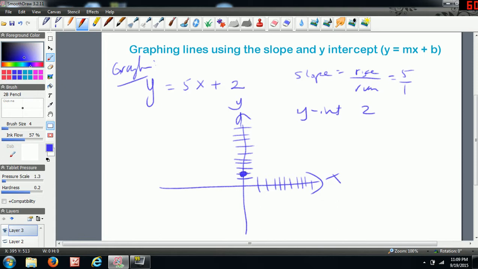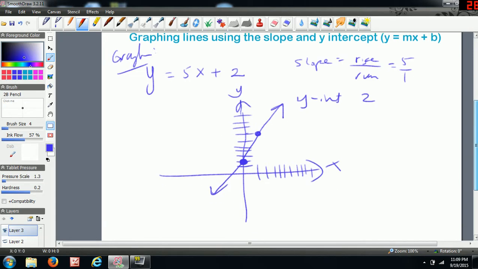When x equals 0, y equals 2. So it's at 2 over here. And then our slope here is positive this time, so our rise is going to go upward. So we're going to go 1, 2, 3, 4, 5. And then our run is positive, so that's going to go this way. Okay, and we would just draw it like that.